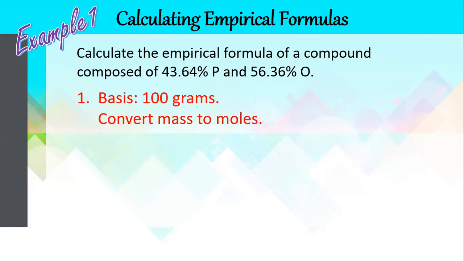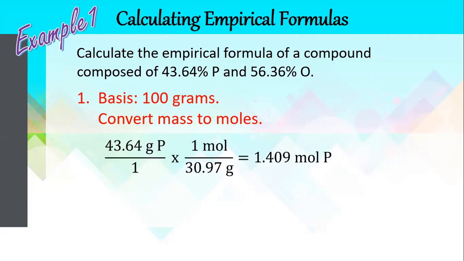Okay? Anyhow, if we assume 100 grams, well, then we are dealing with a situation that our phosphorus, we have 43.64 grams of phosphorus. All right? So you just have to change this percentage into grams. So it is much easier since you only have a basis of 100 grams.